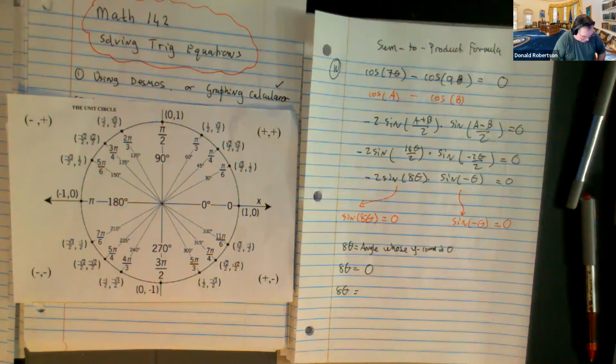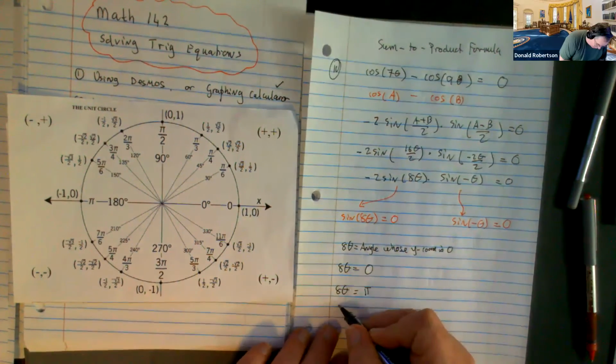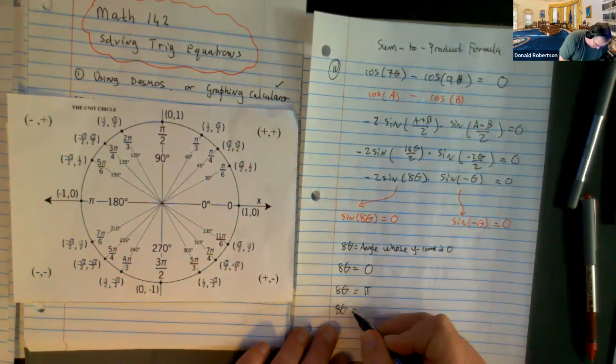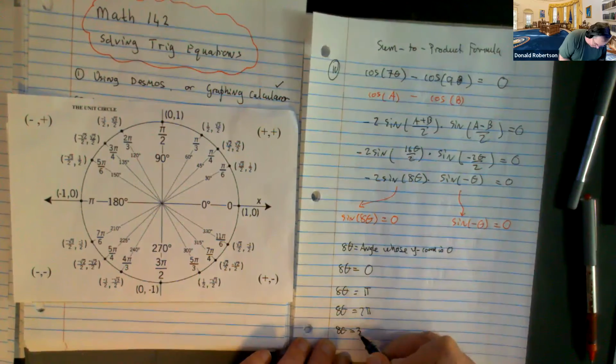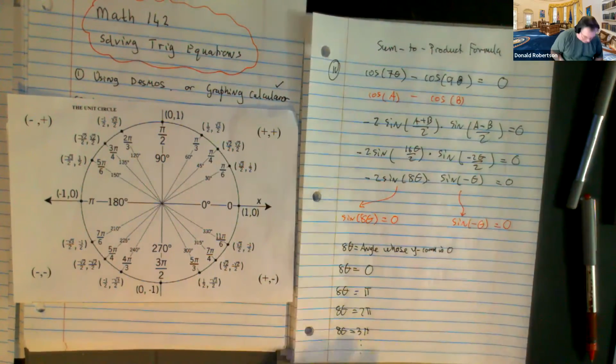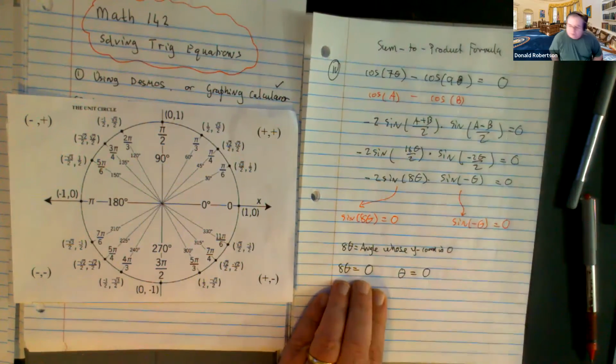Where else do you get a sine or a y coordinate of 0? Pi. Okay. And would you also get it at 2 pi and, you know, forever? Right. Now, if you just take this one, isn't theta equals 0?